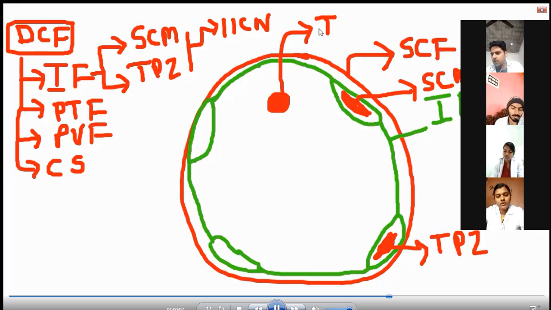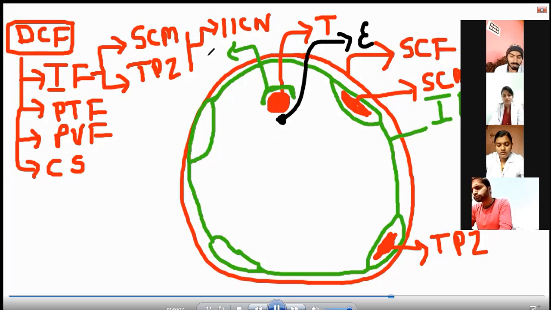Here you have another structure, esophagus. That is your esophagus. Trachea, esophagus. Here you have your gland. This one. This is your thyroid gland. This is your which gland? Thyroid gland. Okay.